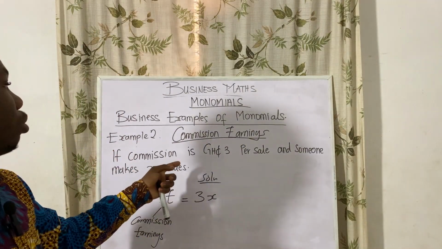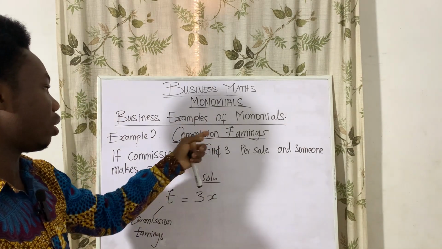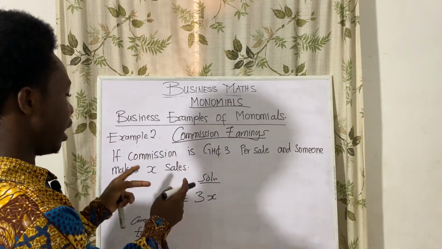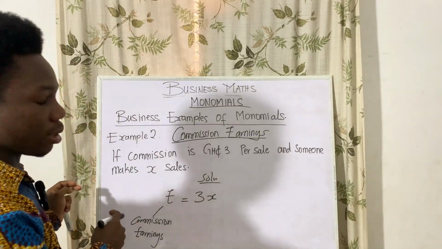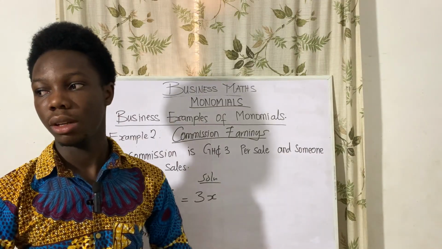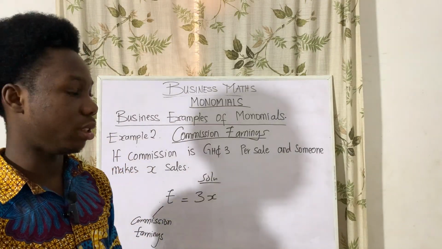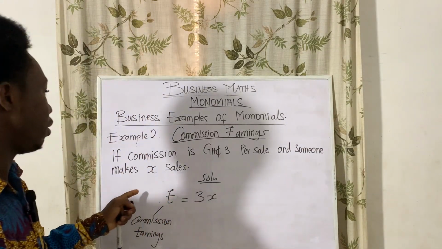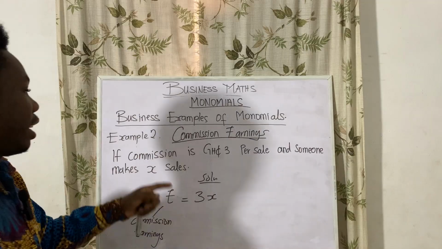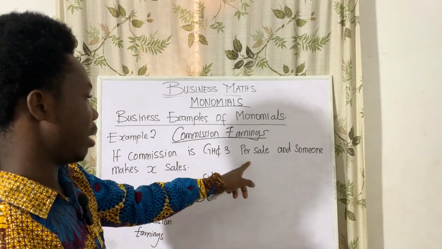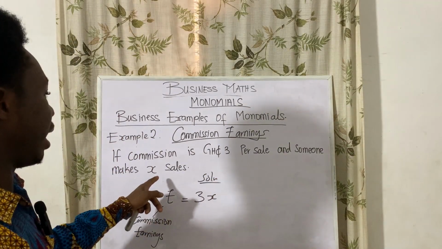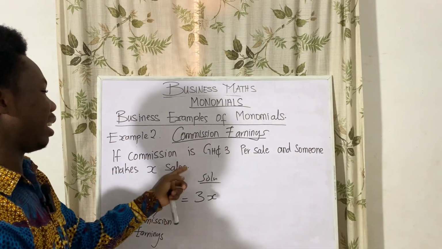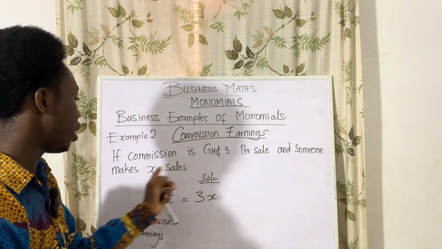So example 2 was on what? Commission and earnings. That was the topic. Remember the first one was a unit cost model, so the C was the unit cost model. Over here we have commission earnings. If commission is 3 Ghana cedis per sale and someone makes X sales, so E, our commission earnings, is equal to 3 Ghana cedis per sale, and someone makes X sales.